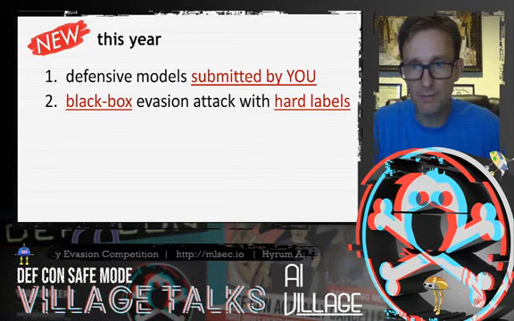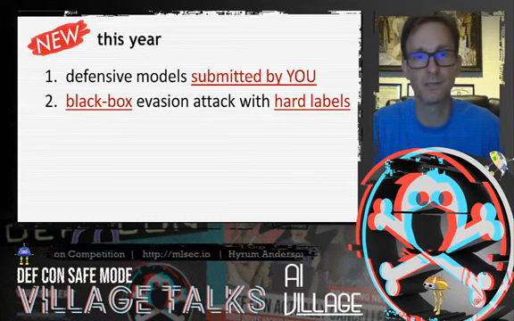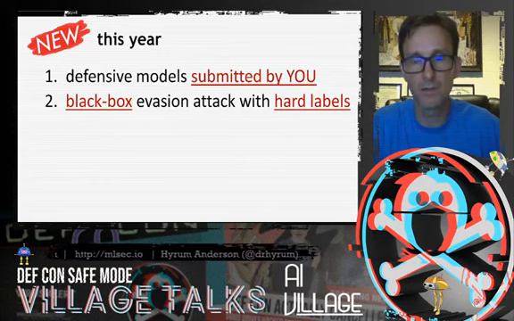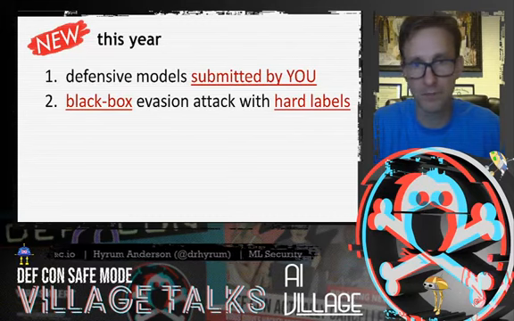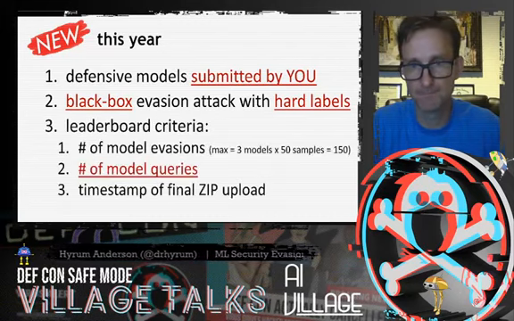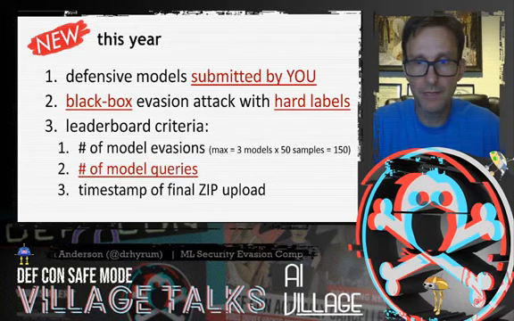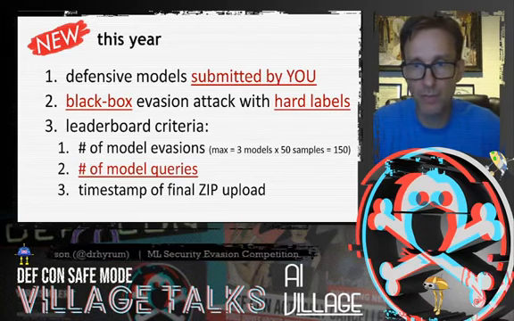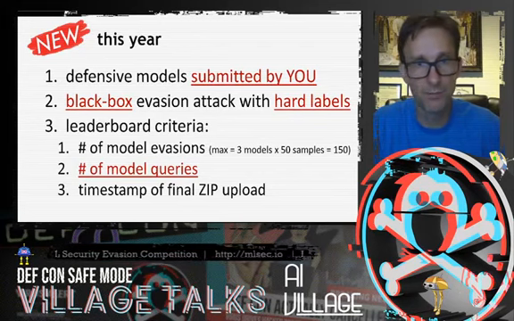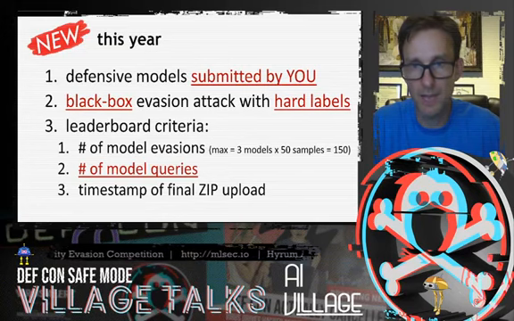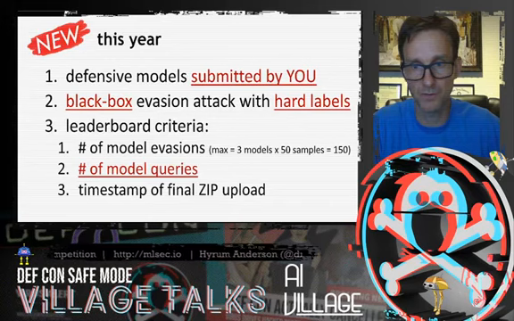However, the remaining models are complete black boxes where you only get to observe the hard label predictions, that is a 0 or a 1, for an output that you provide to the machine learning models. The final leaderboard ranking will be set by the following rank-ordered criteria. First, the total number of evasions, with 1 point for each of the 3 ML models times 50 malware samples, meaning that the maximum score is 150.